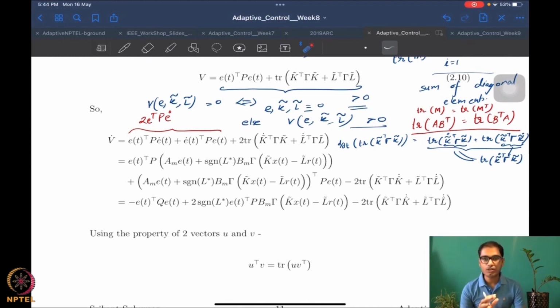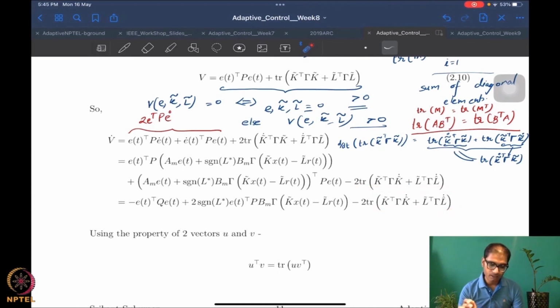I am choosing not to write it that way because I want to use the Lyapunov equation. So when I substitute for E dot on both sides here, this remains as it is for a while. I just use the fact that k tilde dot is equal to minus k hat dot, and that's what shows up here.